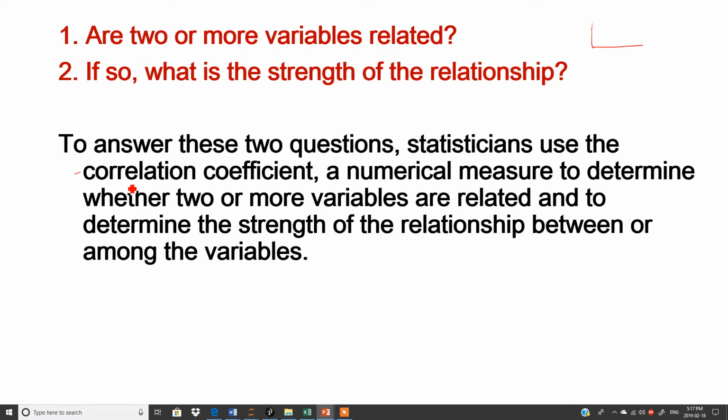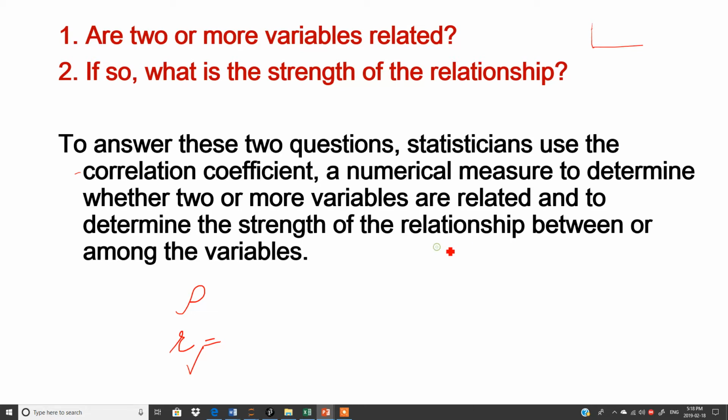There are different types of correlation coefficient. For the population, the correlation coefficient is represented by this symbol, and for the sample, it is represented by the letter R. So in this lesson, we will focus on the sample correlation coefficient, which is R. This is the numerical measure to determine whether two or more variables are related and to determine the strength of the relationship between or among the variables.